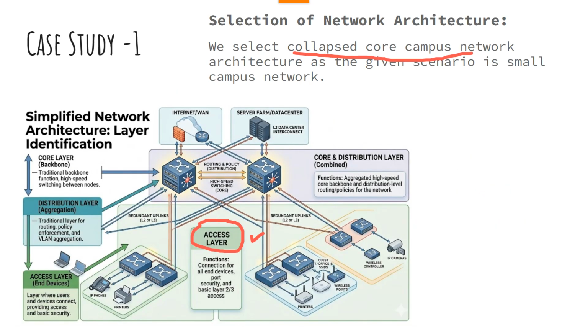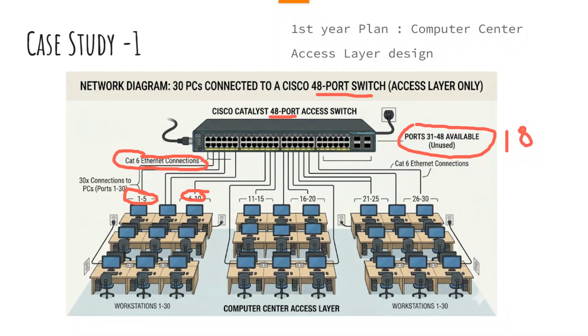Then we went on to select the network architecture. We selected a collapsed core campus network because the size of the network is pretty small. The total number of PCs is pretty low. Then we went on to design the network diagram for access layer design. We can choose one of the labs or one of the departments, rather a sub part of a department, and design this access layer.